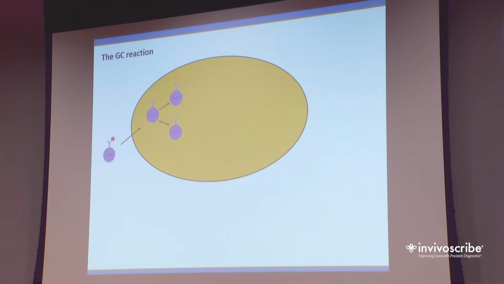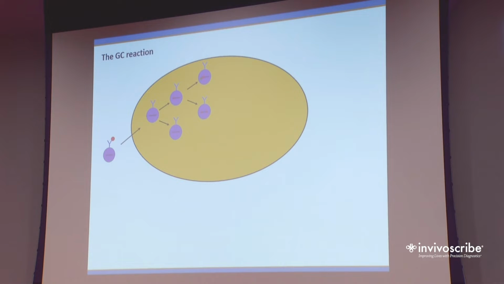In this very simplified scheme of a germinal center reaction, the naive B cell will be activated, receive T cell help, and then proliferate and introduce point mutations into the B cell receptor rearrangements, here shown as a red mark. Then, upon further cell divisions, further mutations will be introduced, and these here will be unique, and the ones here in the beginning are shared.